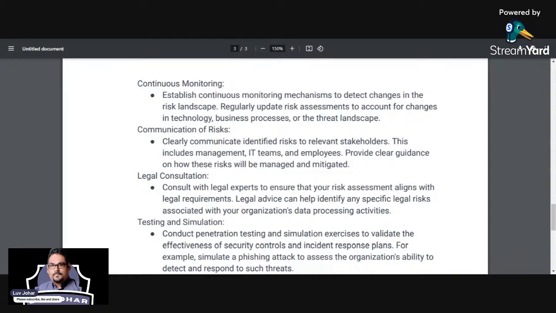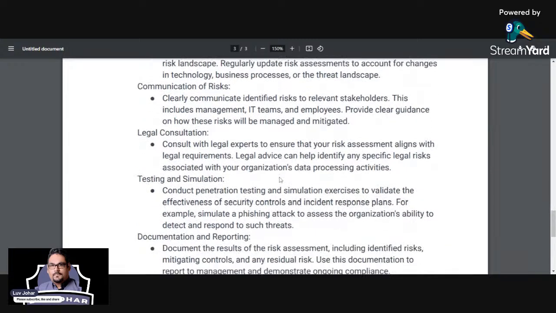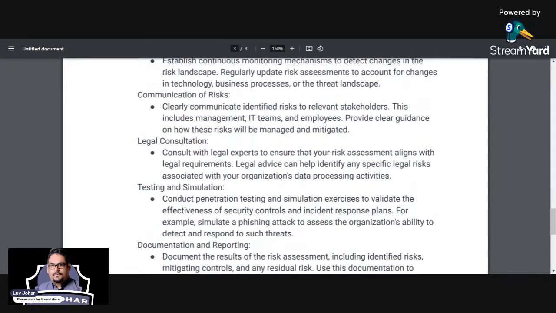Then, as always, the rest of the procedures are very simple. Continuous monitoring, as we always do. It's very important. You have to make sure that in case of any changes in the technology stack that you have in your business processes, or in case of any other major changes, you continuously monitor and update your risk assessment and your risk registers accordingly. And of course, communicating the risks with the relevant stakeholders is important, goes without saying.